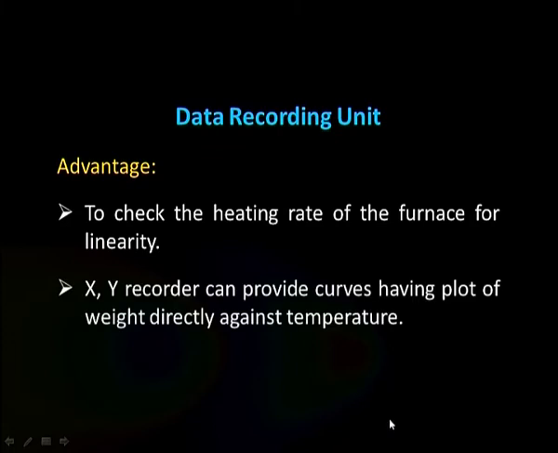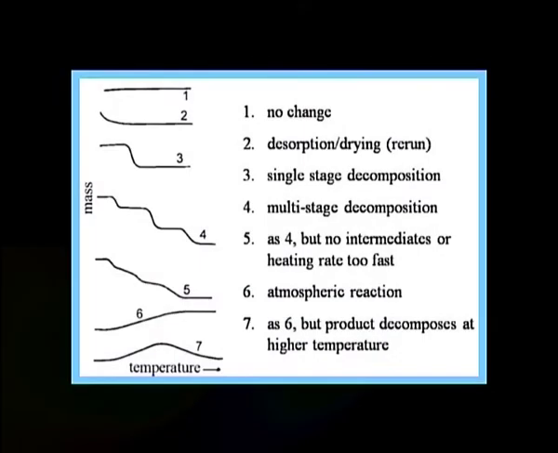An XY recorder can provide curves plotting weight directly against temperature. Now, there are various types of TGA curves, which have been classified according to their shapes. For example, in case 1, you can see it is practically horizontal and linear, which means there is no change in the weight.